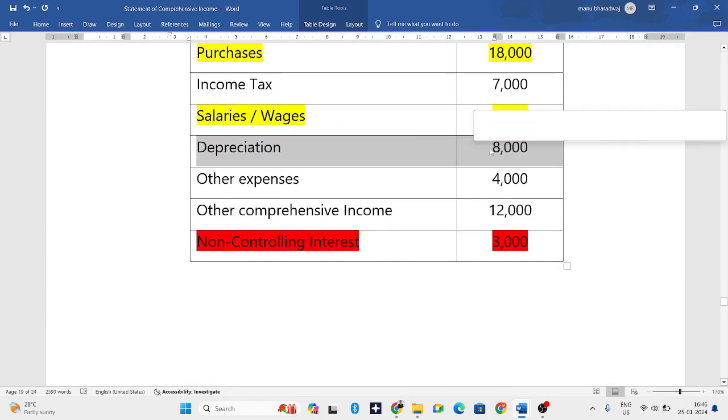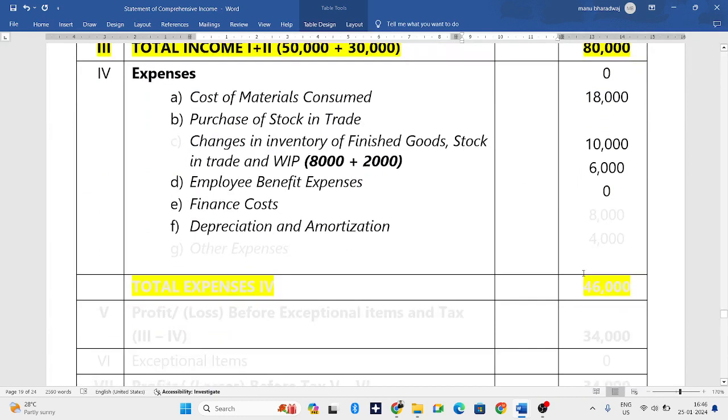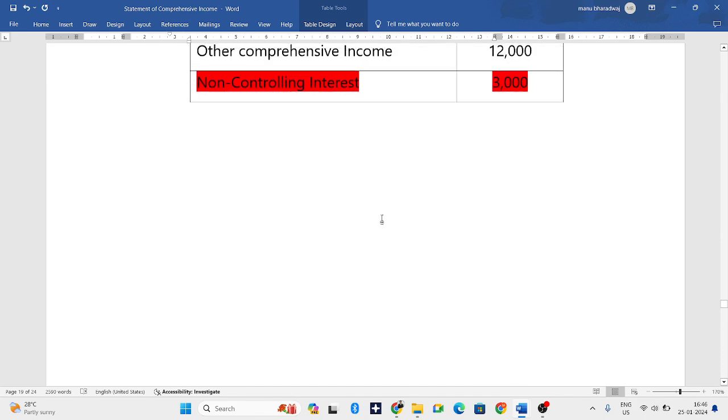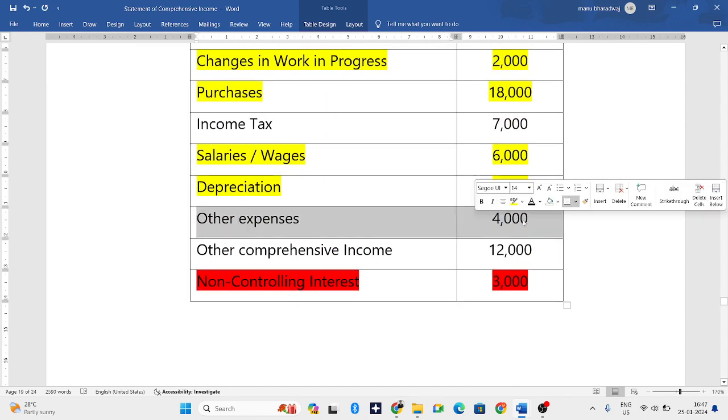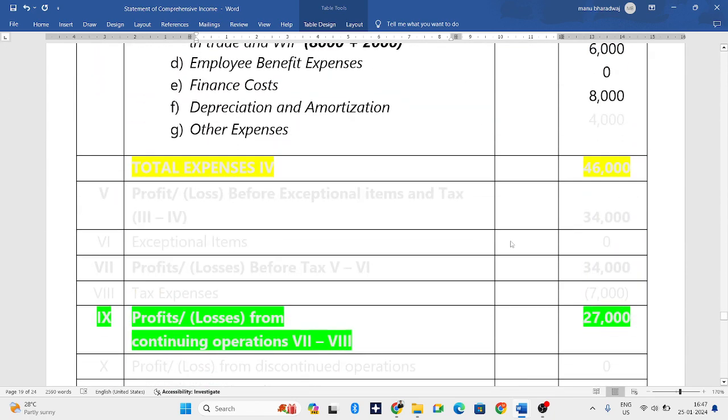Yes, in question depreciation is there, 8,000 rupees depreciation that has to be written in our SOPL. The last head will be other expenses. Check in the question. Yes, we have other expenses of 4,000 rupees.